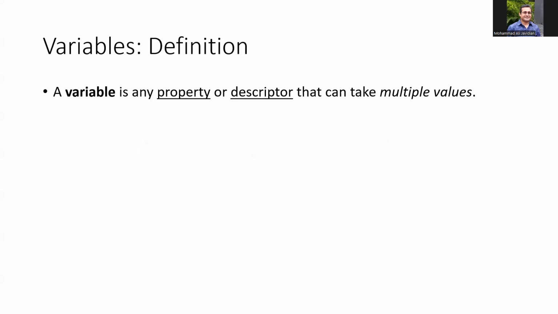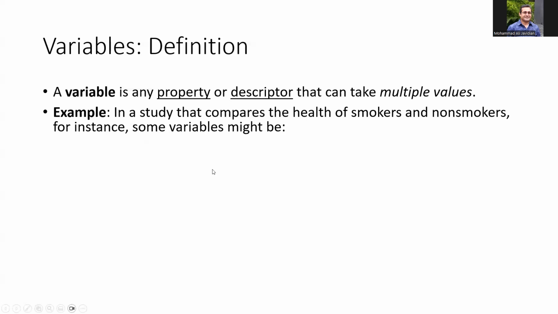A variable simply means any property or descriptor that can take multiple values. For example, assume we have a study that compares the health of smokers and non-smokers.